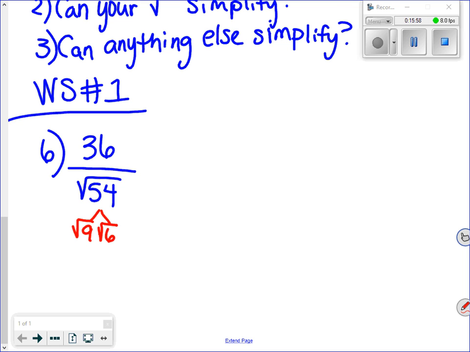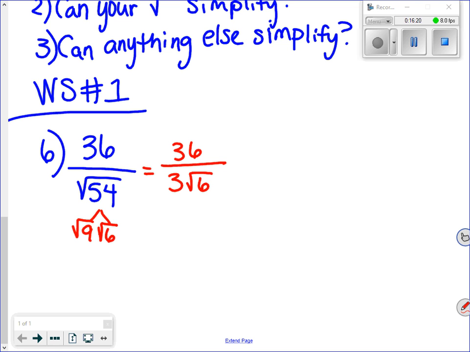Take the square root of each one. What's the square root of 9? 3. So this is going to become 36 over 3 square roots of 6. What can I do from there? Before I rationalize the denominator, always look for ways to make your number smaller.